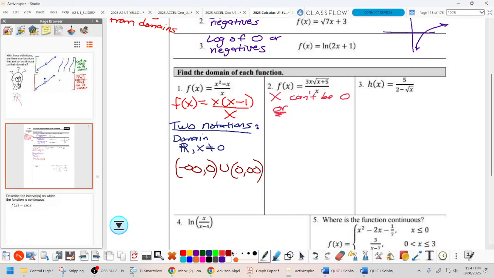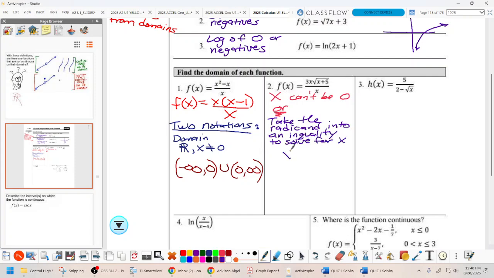Okay, so this one, yeah, you can kind of just read it, but I want you to have a strategy for solving for it in case this has some nastiness under there. So you're just going to take the radicand into an inequality to solve for x.